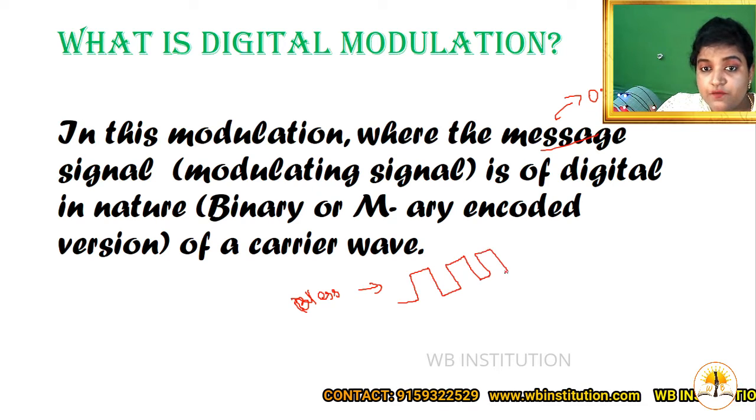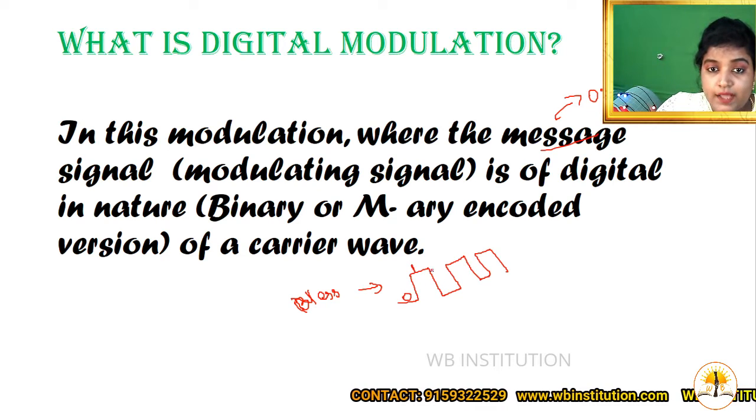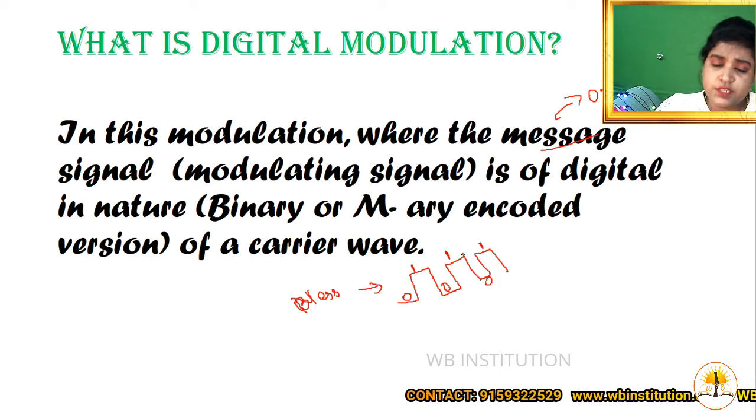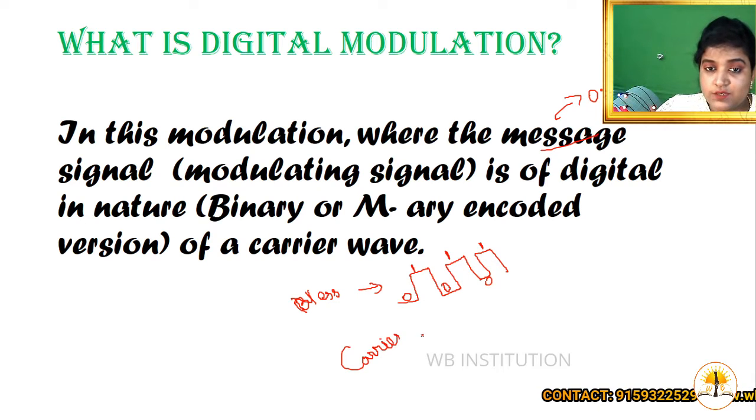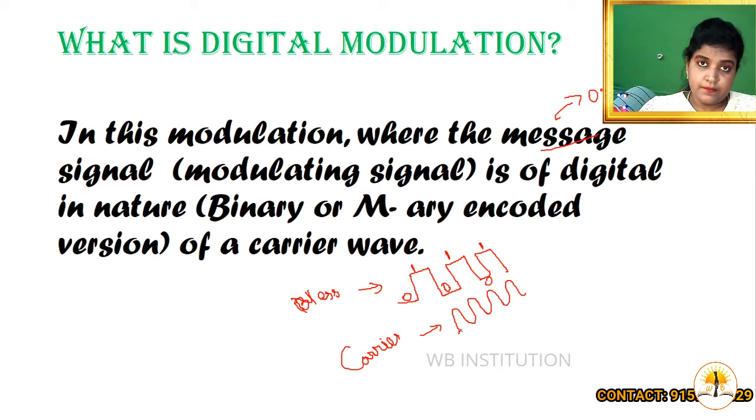That is, in terms of zeros and ones, 0 1 0 1 or 0 0 1, whatever the sequence is. The message signal is a digital signal, whereas the carrier signal is a continuous signal, that is your sinusoidal signal. This is the nature of the signals under digital modulation.